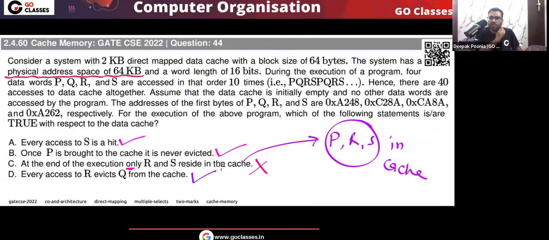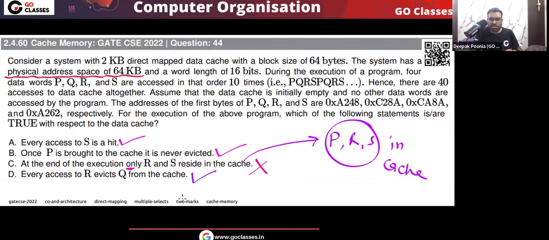Then you see to which line they will map, because it is a direct mapped cache. Every memory block will map to a unique line. So you notice the line index in the address of these four. Then you will see that Q comma R are in different blocks, but they map to the same line. P comma S belong to the same block, so they will always map to the same line.